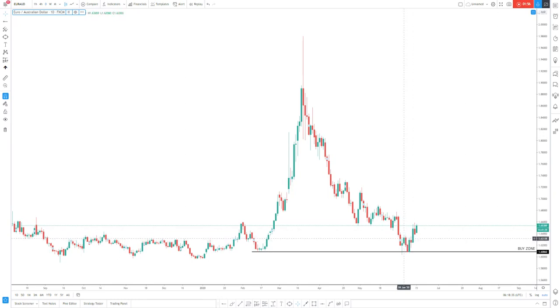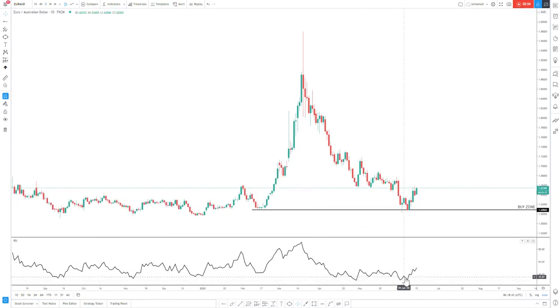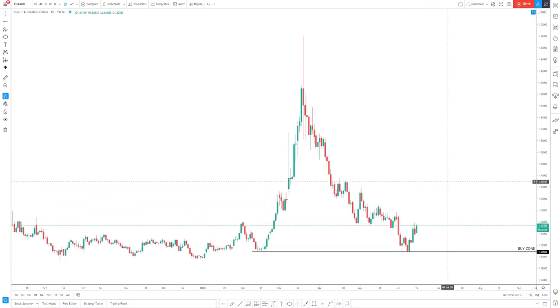So with that being said, let me add my RSI to the chart and see what it says. The RSI on the daily time frame says it was oversold before, but price is currently moving to the upside, going to test the overbought region. Now, that's another confluence gathered.